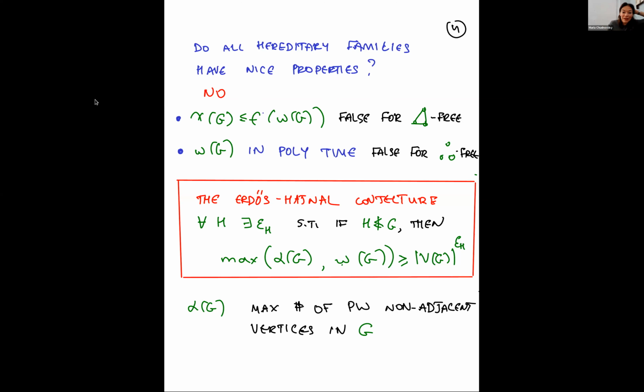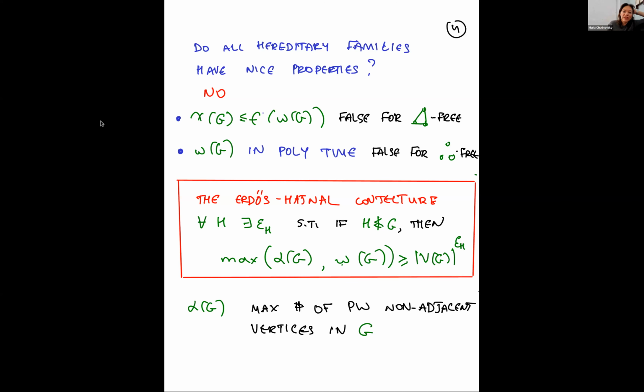There is one lovely conjecture that does say something about all hereditary families, and in a way tells you that excluding an induced subgraph is serious business, because it says that graphs with a forbidden induced subgraph behave qualitatively differently from general graphs. Let me say what the conjecture means.